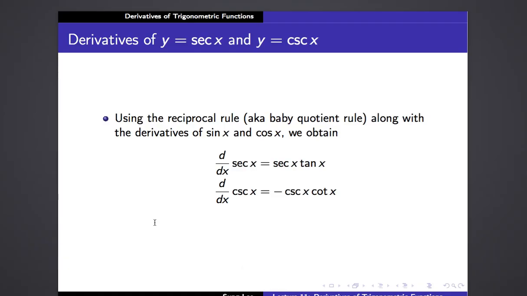So the next thing I want to talk about is the derivatives of y equals secant x and y equals cosecant x.